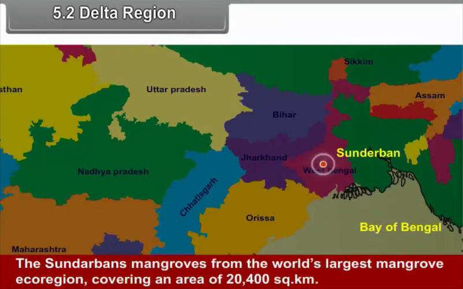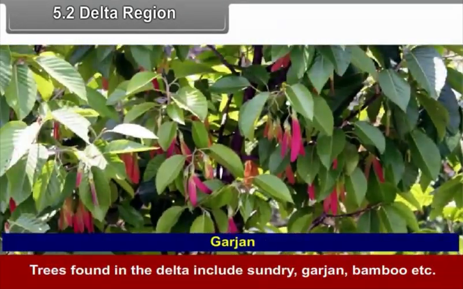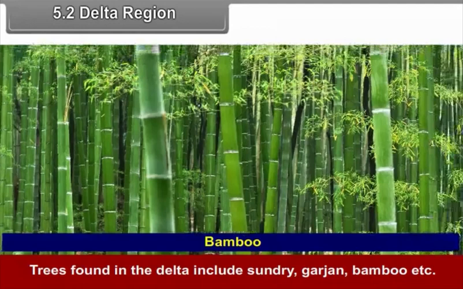The Sundarbans mangroves form the world's largest mangrove ecoregion, covering an area of 20,400 square kilometers. Trees found in the delta include sundri, garjan, bamboo, etc.